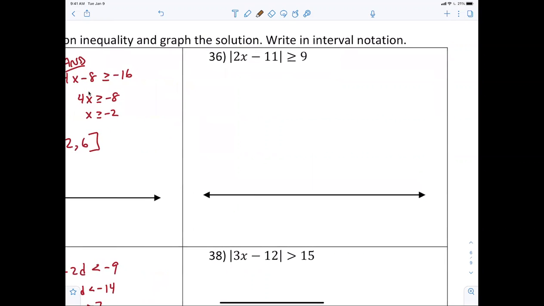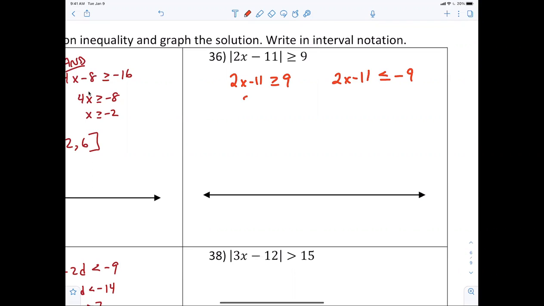All right, so here we go. Interval notation for absolute values. So again, 2x minus 11 greater than or equal to 9. 2x minus 11 less than or equal to -9. Again, absolute values, 2 equations.